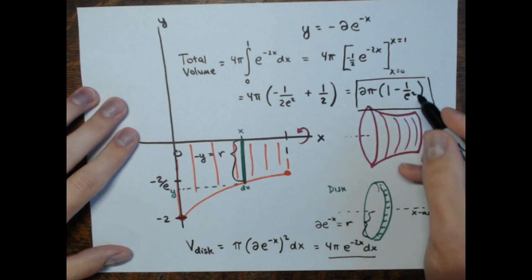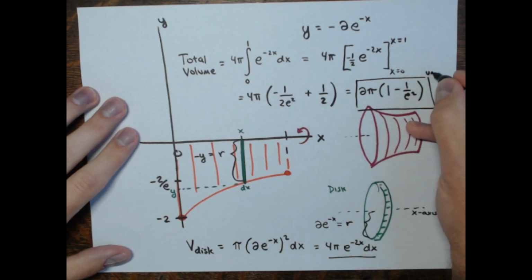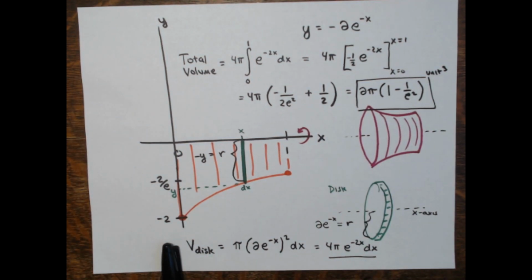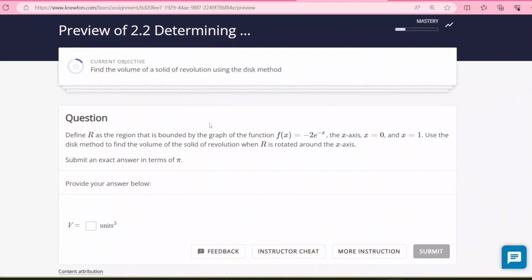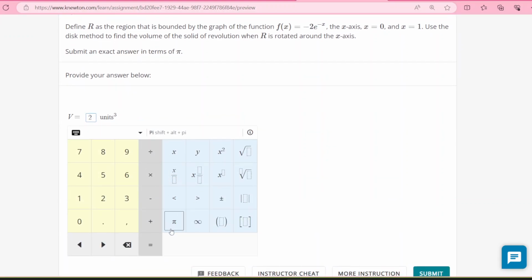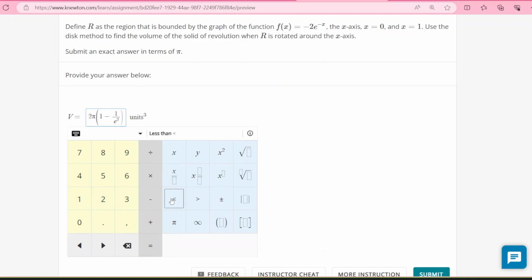This 3D shape here has this volume, in cubic units. So I'm going to enter that: 2 pi times the quantity 1 minus 1 over e squared, like that.